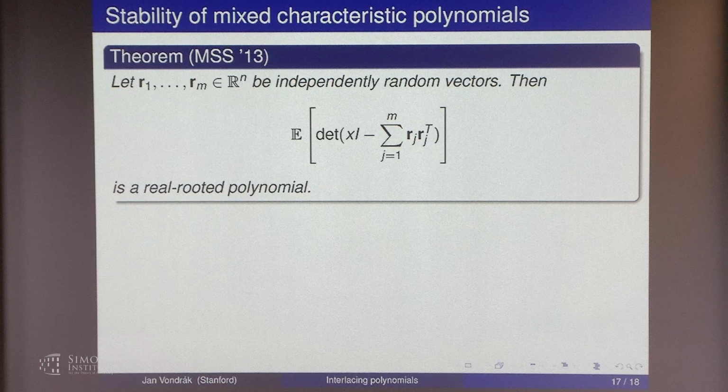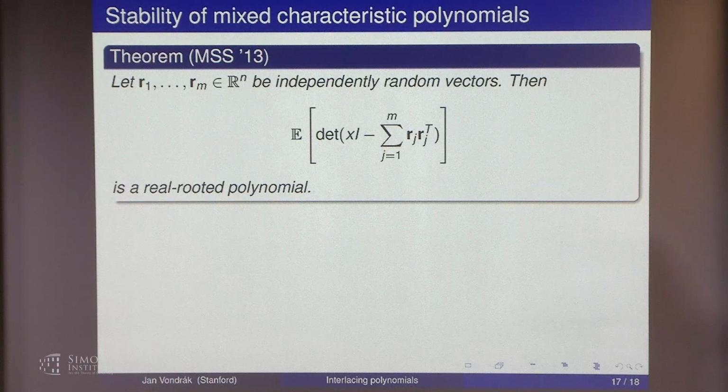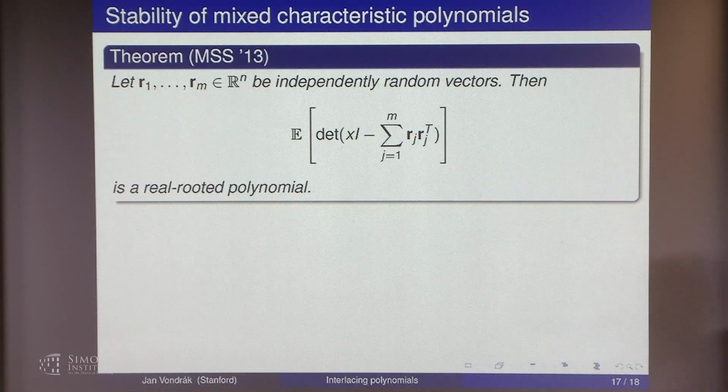And we look at this expected characteristic polynomial of the matrix, which is formed by the dyadic products of these random vectors. So these are random rank 1 matrices. And that seems to be the important element here, that we have a matrix which is built up by random rank 1 updates.